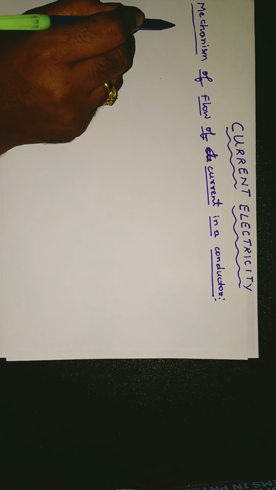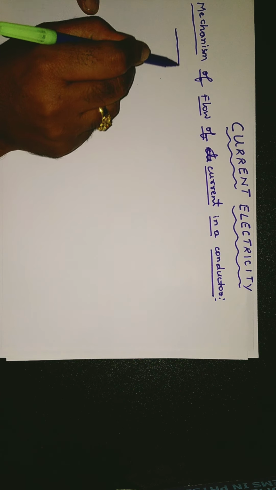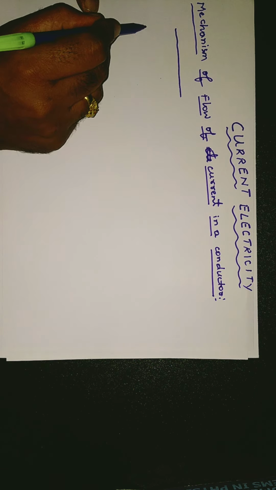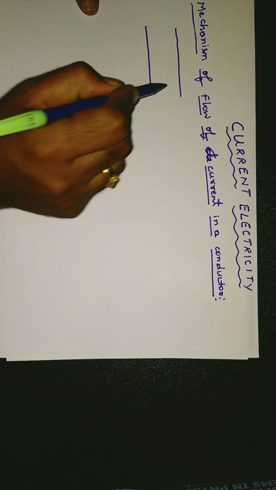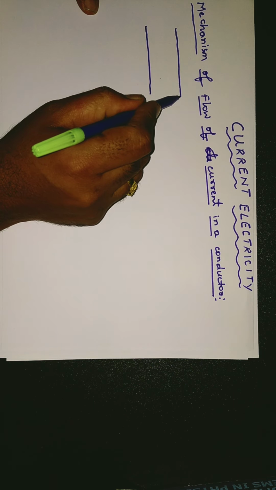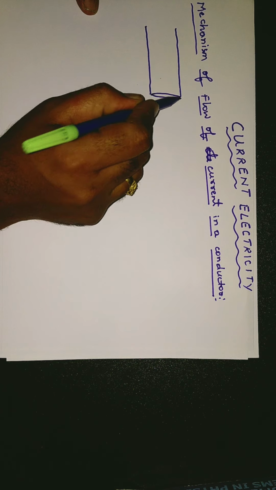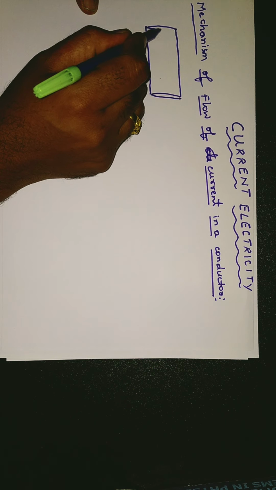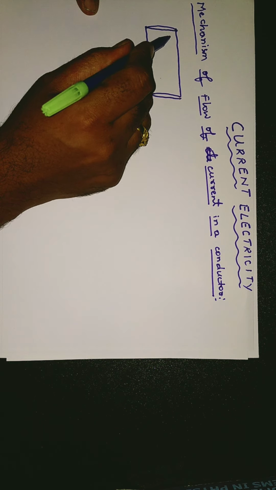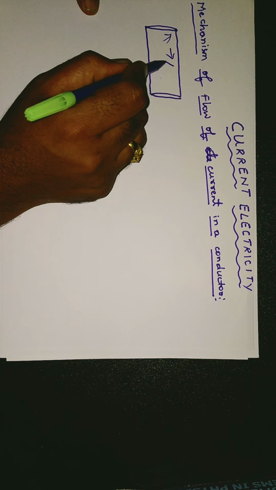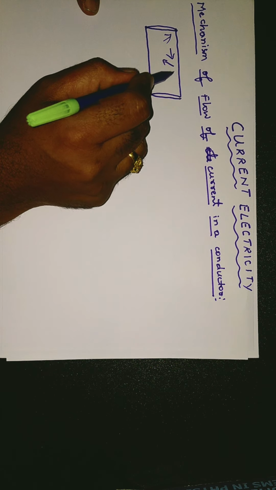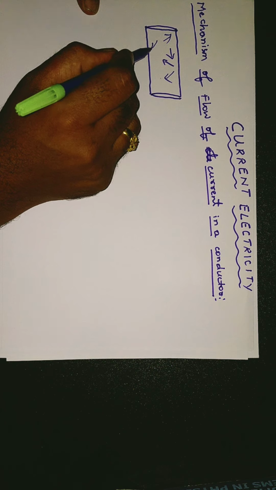So, if you consider a conductor like this, let us say this is a conductor, the electrons will be moving in random directions, in all possible directions in the conductor.